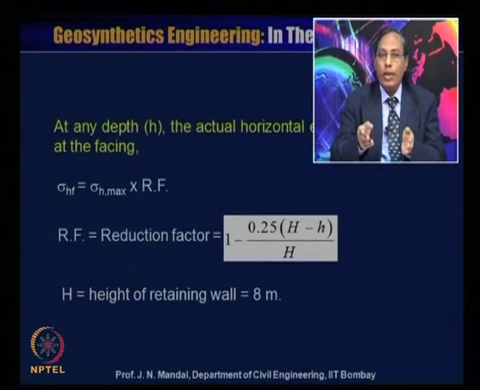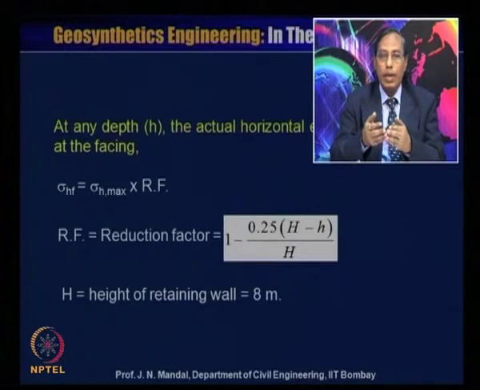So if you know the reduction factor at any depth, then you can calculate what will be the actual horizontal earth pressure at the facing. You know what will be the sigma H maximum, and then you know at that depth what will be the reduction factor.